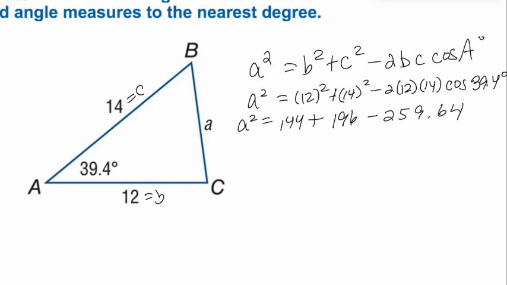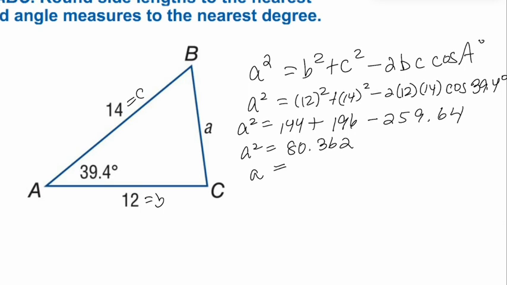Okay, so now if you combine all that stuff, we get that A squared is 80.362. And if we take the square root of that, when rounded to the nearest tenth, because it's a side, it is 9.0.